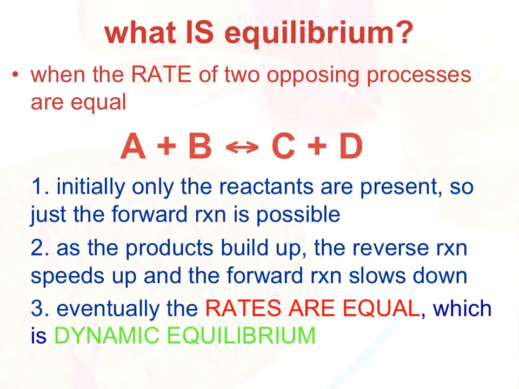What that means is that at that point, the concentrations of A and B and C and D are going to remain constant, and the rates of the forward and the reverse process are equal. It should be noted that at equilibrium the forward and reverse reactions are still happening. They're happening simultaneously, but the rates at which they happen are the same.